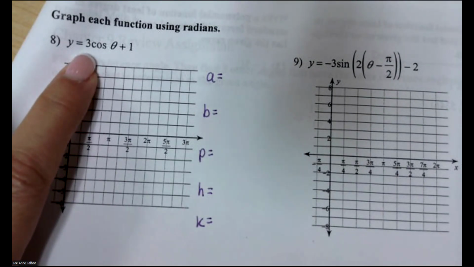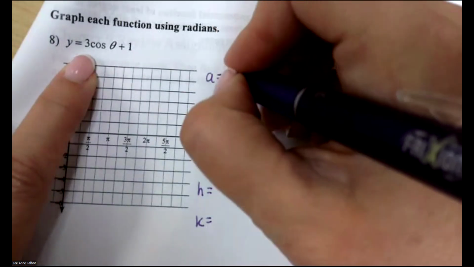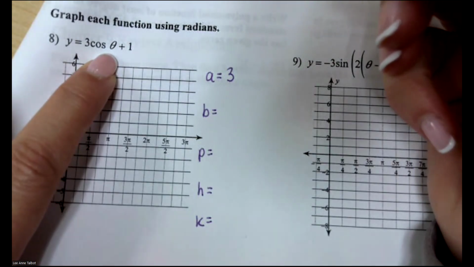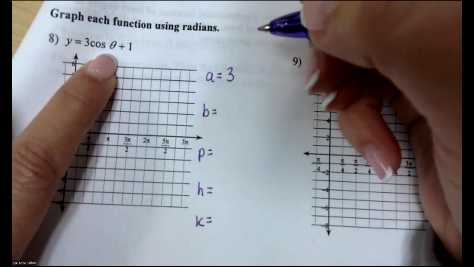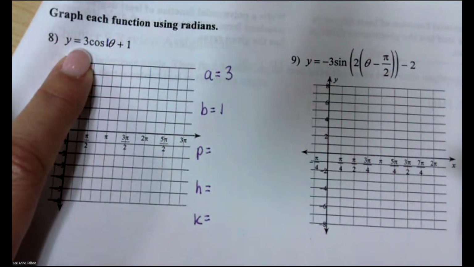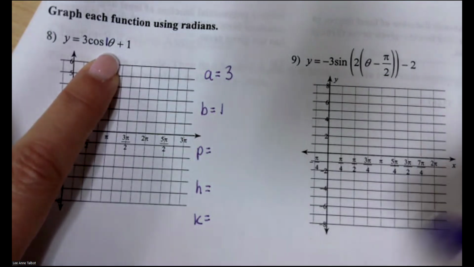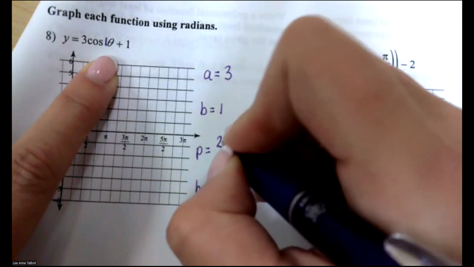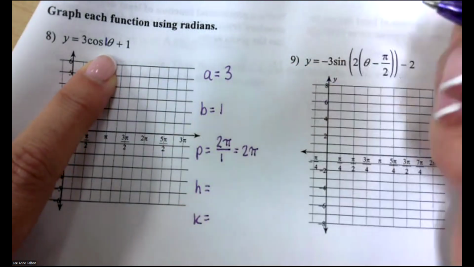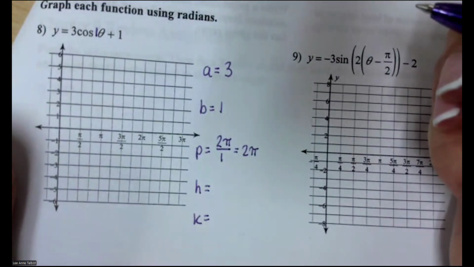What is A? 3. What is B? 1. And you can put a little 1 there if you feel like it. Period is a formula: 2 pi divided by B.